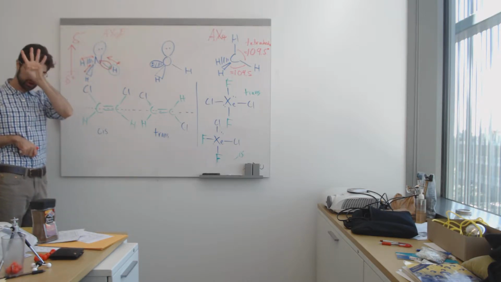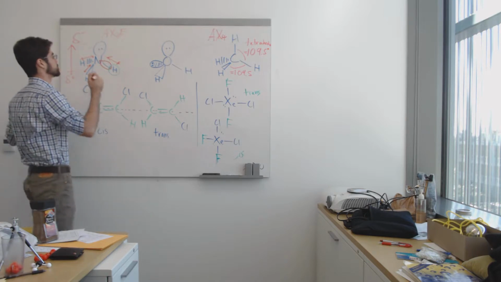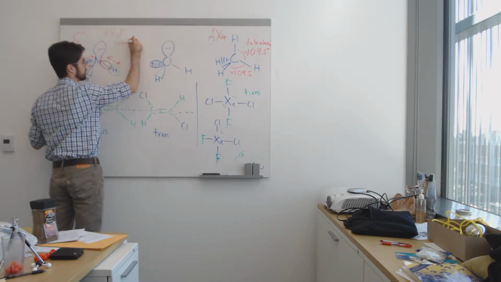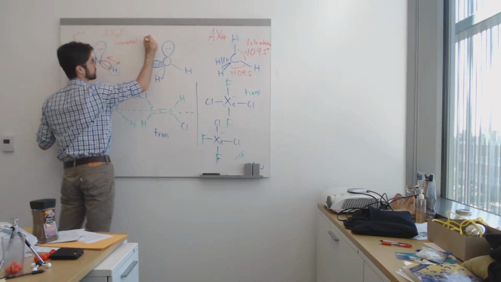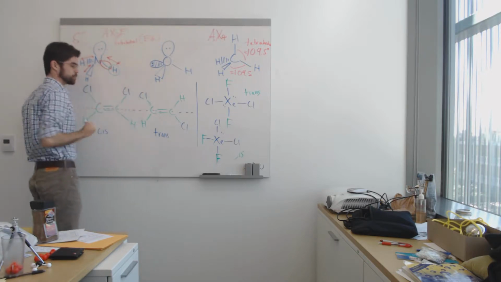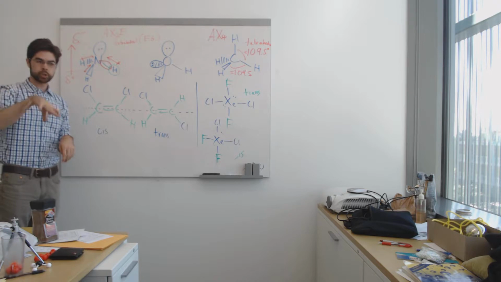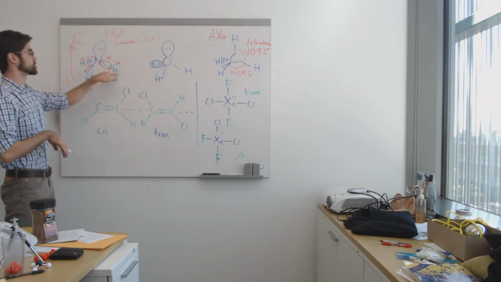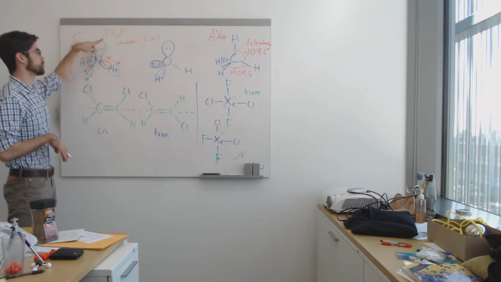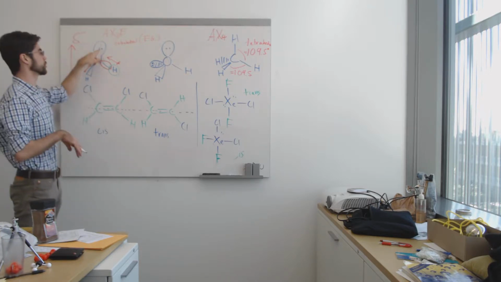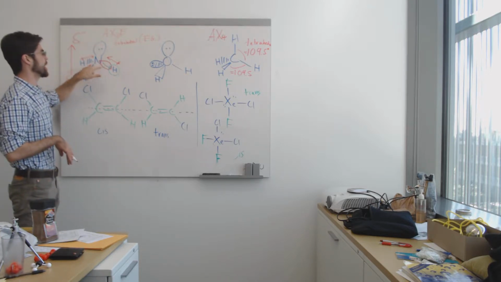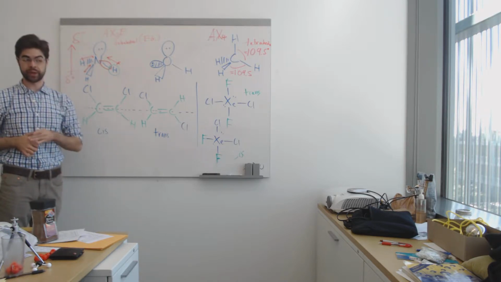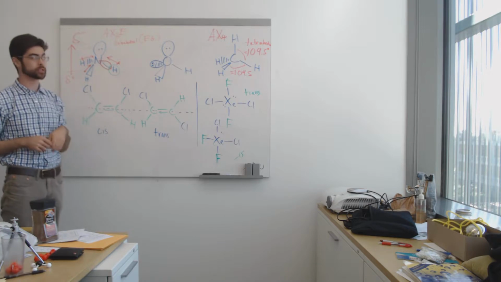So there are 4 groups around it, so it also has a tetrahedral electron group geometry. It has a trigonal pyramidal molecular geometry if you're just looking at the atoms, but if you also look at all of the electron groups, including the lone pair and the bonding pairs, then it has 4 electron groups around it, which gives it a tetrahedral electron group geometry.